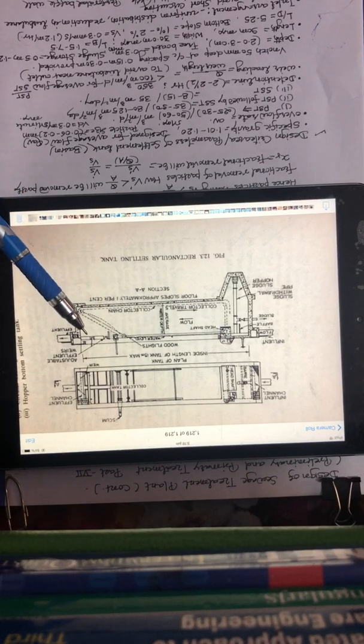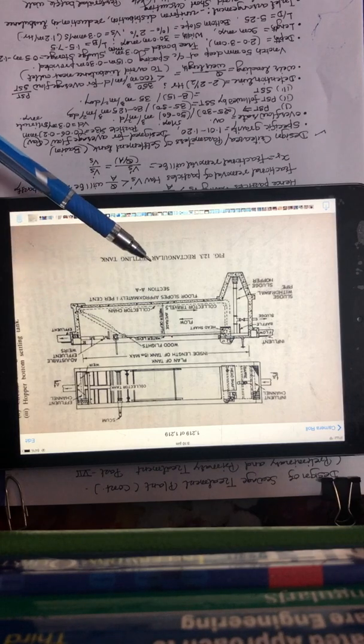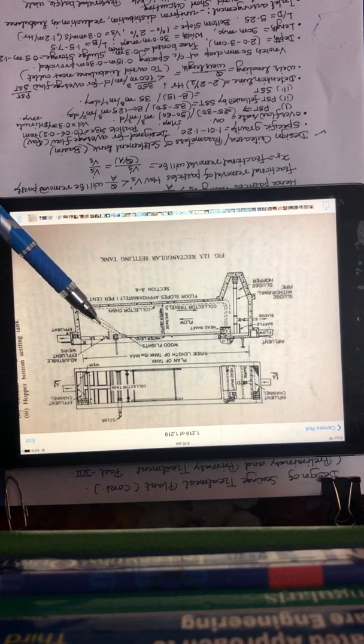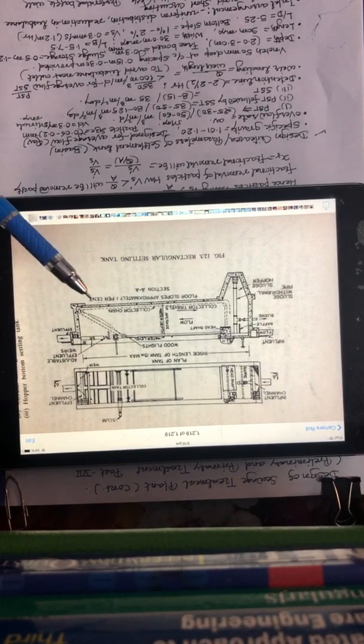So the sewage devoid of those targeted particles comes out here, and that way the suspended impurities are removed. In a plain rectangular sedimentation tank, particles of 0.06 mm to 0.2 mm size are removed.